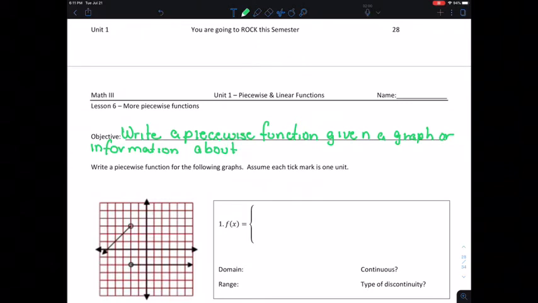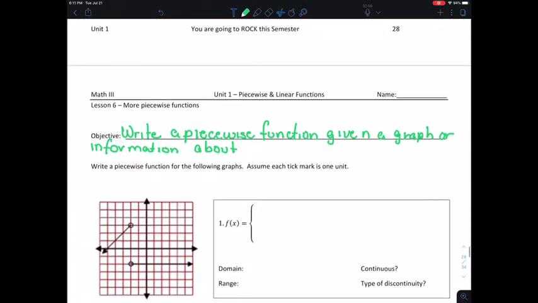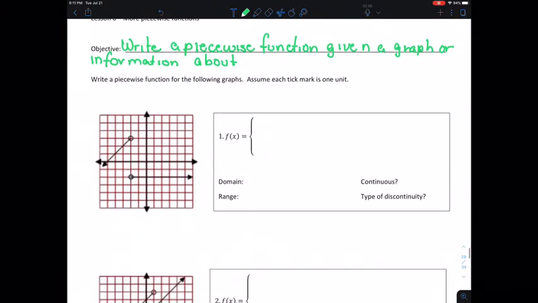This first video is pretty much just writing the equation from a graph. Then in the second part of today's lesson, you're going to be given real life information and asked to write a piecewise function.